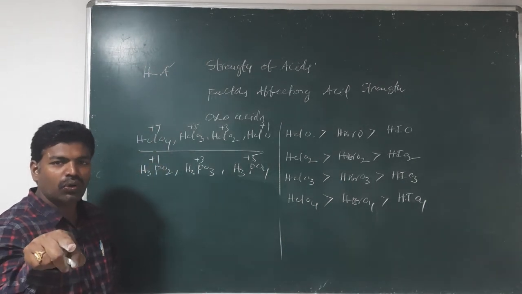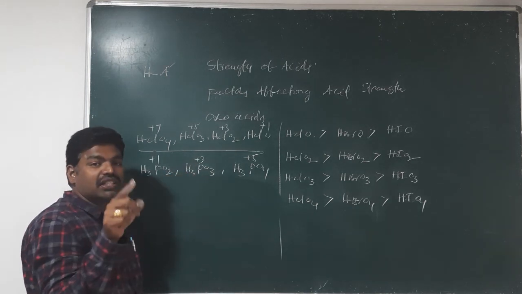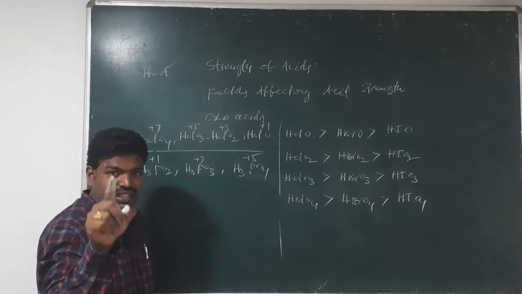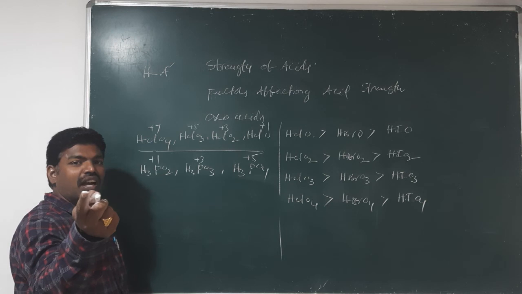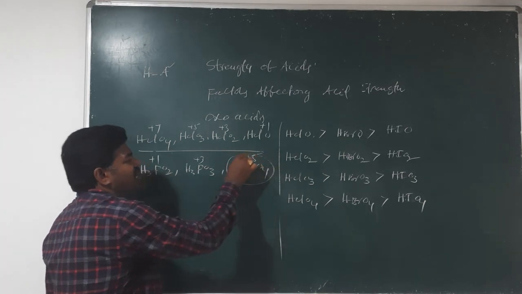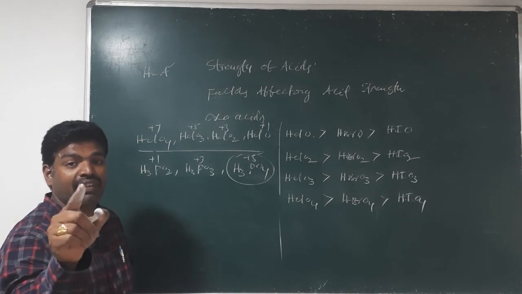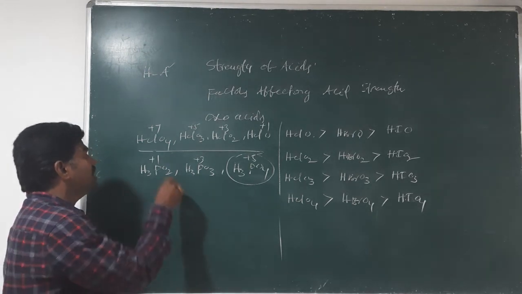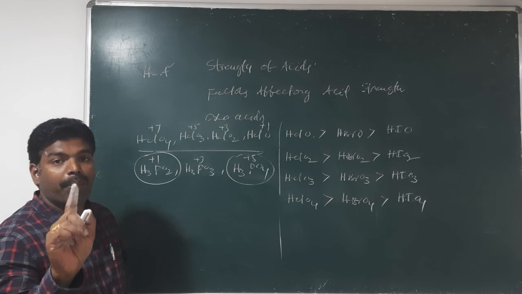We know that the oxy acid in which the central atom has the highest oxidation state is the strongest oxy acid. So, based on that statement, the strongest acid is H3PO4. But when we are concerned with oxy acids of phosphorus, H3PO2 is the strongest oxy acid of phosphorus.